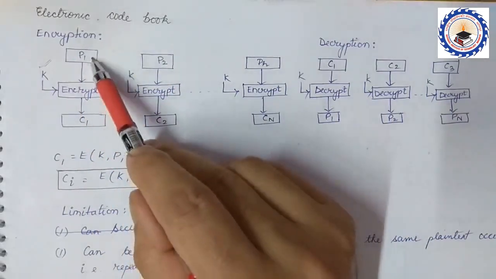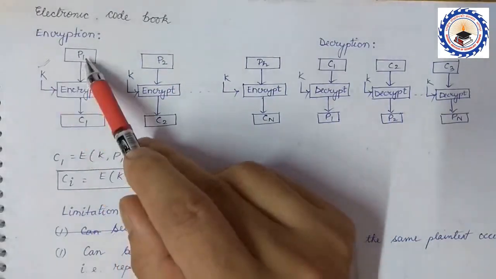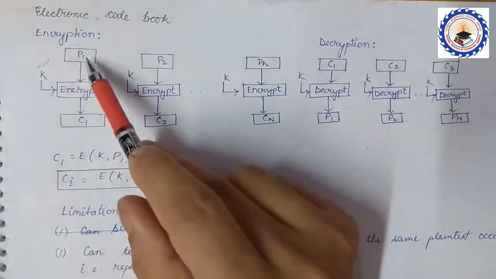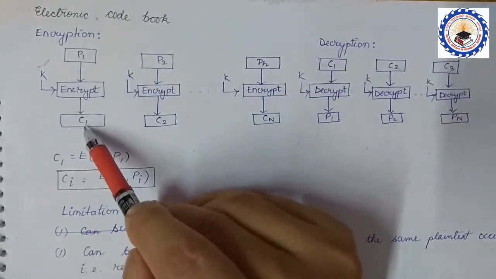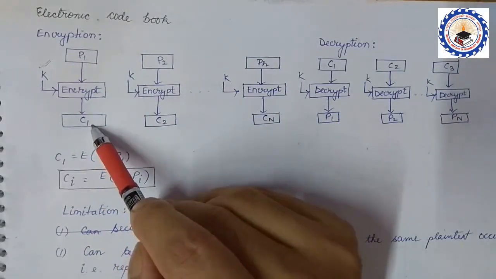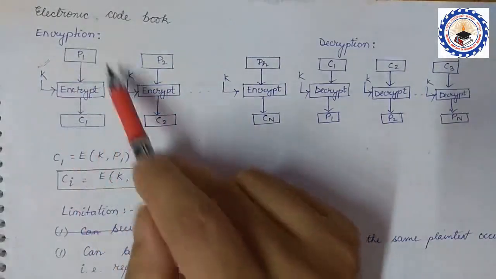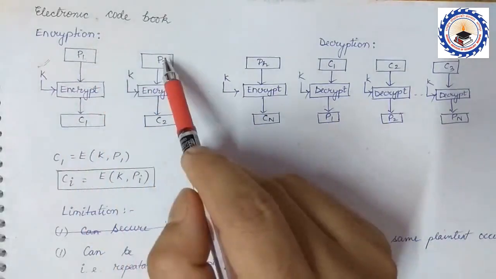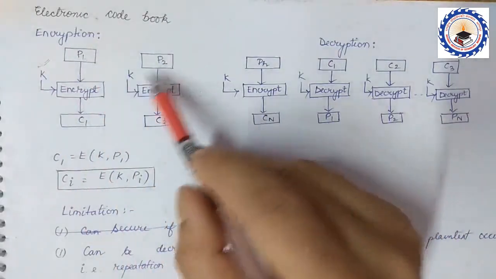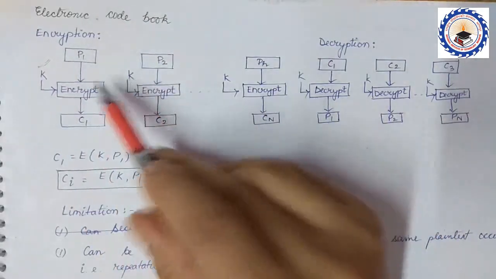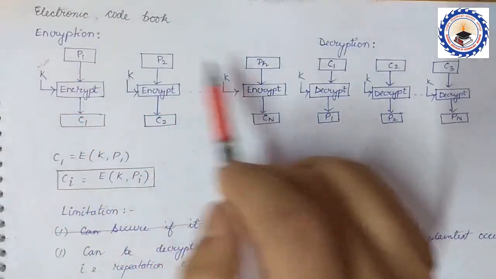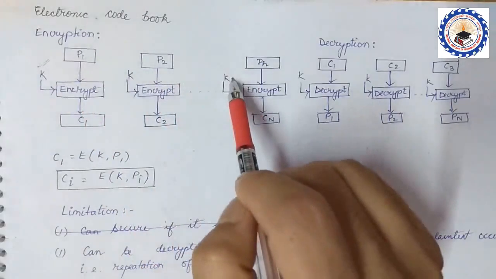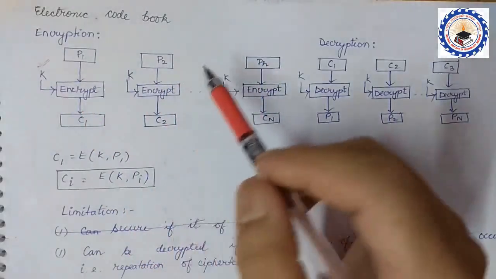So P1 input with this encryption algorithm, input with P1 and K, it will give you the ciphertext C1 here. Once this is over, there is nothing to do with the second block. In the second block, if you look at this K here, I have written the same constant K, so this K remains the same.